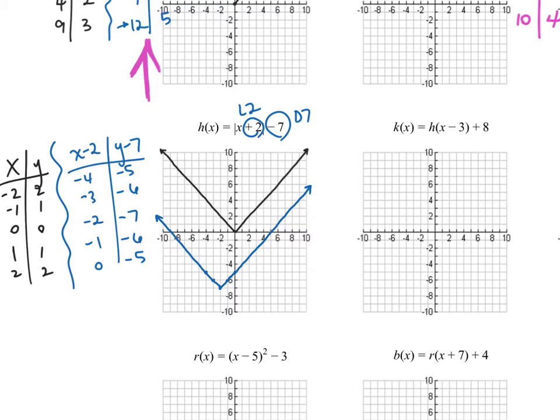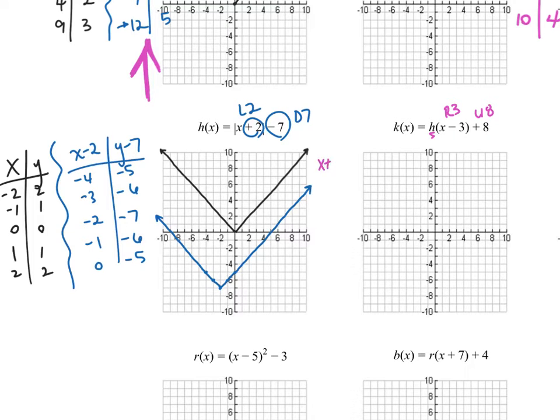Okay, this next one, I am taking my original h of x, which is the blue, and I am moving it up 8 and right 3. The reason why it's right, again, I have x minus h, keeping it still x minus something. I know I'm substituting in a positive 3.